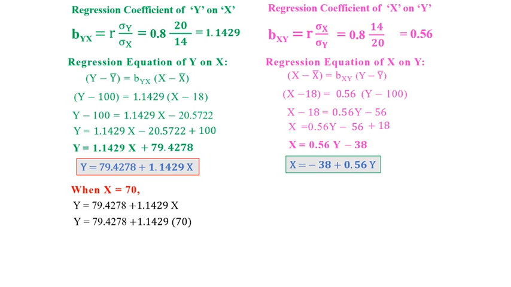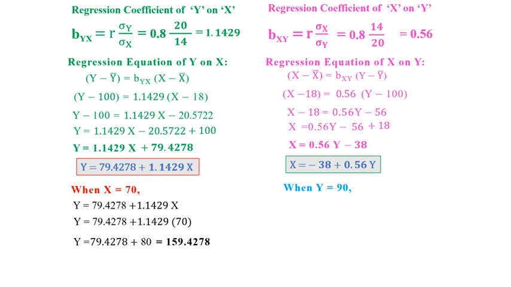Multiply 1.1429 into 70, you will get 80 point something, so 80.000 something value will be there. I have taken only 80 here. So 159.4278. When x equals 70, y becomes 159.4278.